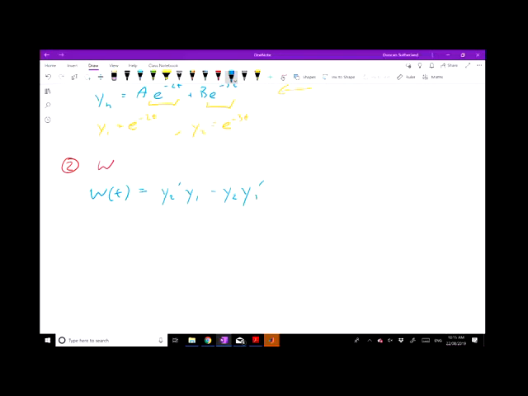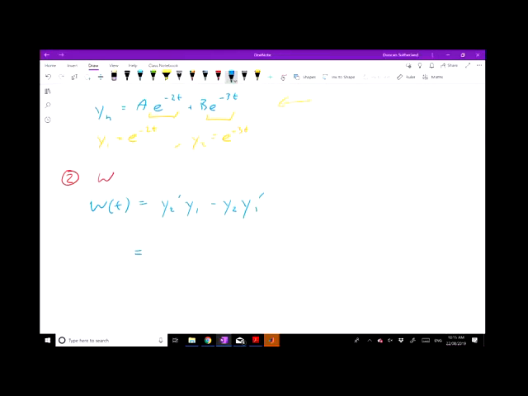And in this case, it is y2 prime. So that's minus 3 e to the minus 3t minus times e to the minus 2t minus 2 e to the minus 2t e to the minus 3t equals, you'll find that that's minus e to the minus 5t.